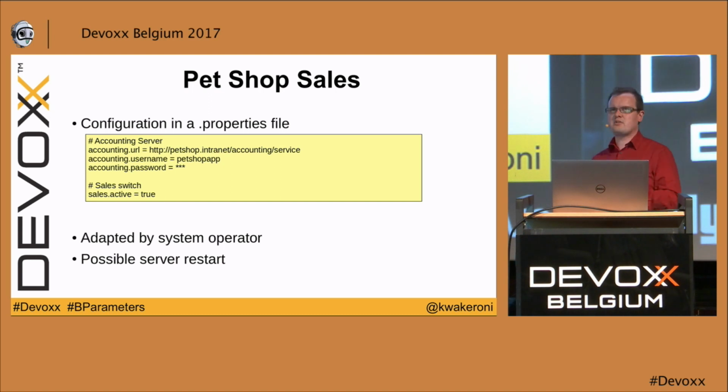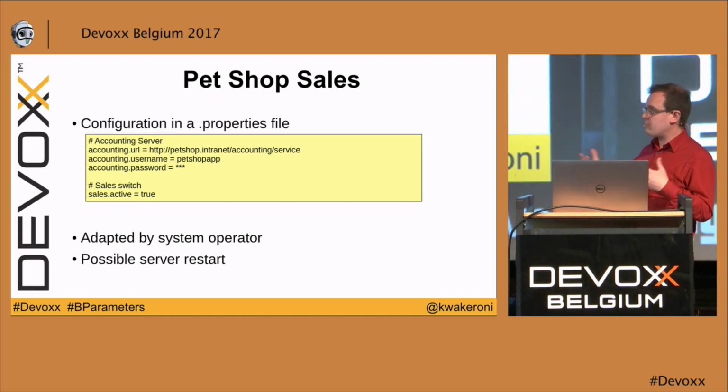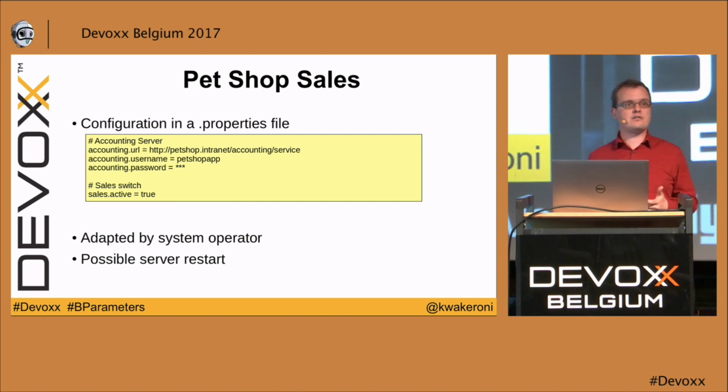This is not really very handy, because if you want to start or stop your sales, it will have to be adapted by the system operator, and depending on the server you're on, that might not be picked up automatically, but you might need to restart your server. So that's not really nice, well, with all the dynamic stuff going on today.